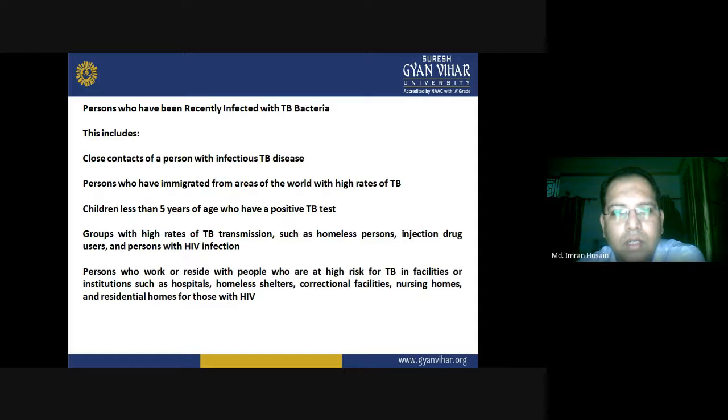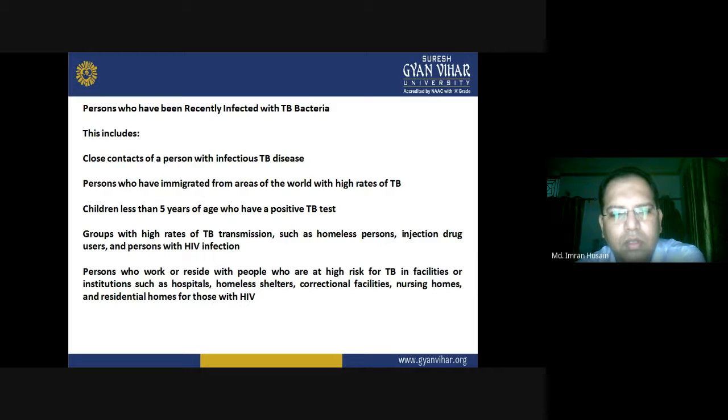Persons who have been recently infected with TB bacteria include close contacts of a person with infectious TB disease, persons who have immigrated from areas of the world with high rates of TB, children less than 5 years of age who have a positive TB test, and groups with high rates of TB transmission, such as homeless persons, injection drug users, and persons with HIV infection.